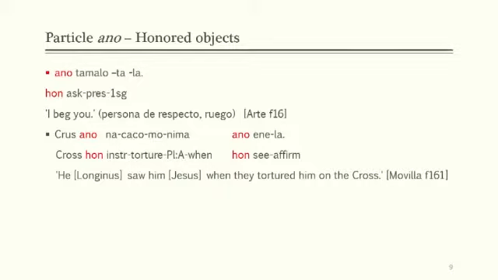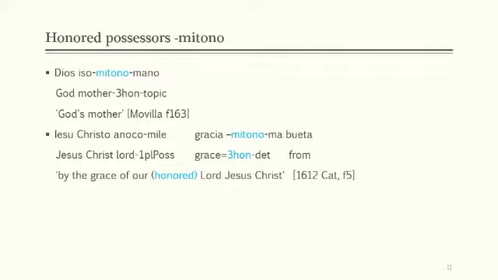So to show honor to Jesus, we put ano before the verb see. And when they tortured him, and him is the object of the verb torture, so once again we get the honorific particle. Essentially, anytime Jesus is the subject or object, or the possessor, or the possessed, we tend to get ano. Okay, so that was the first of the three linguistic indicators of honor.